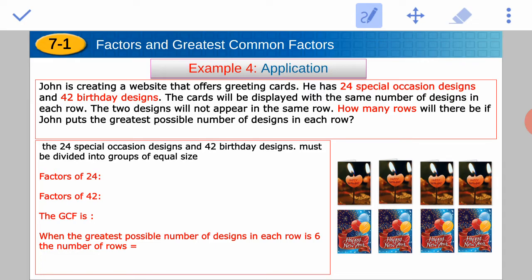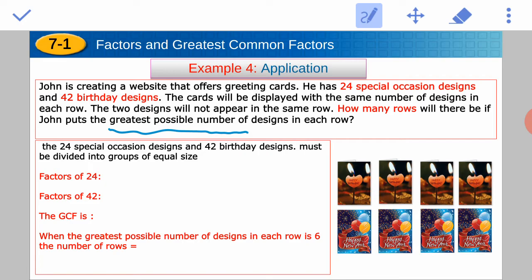This is a condition. The two designs will not appear in the same row. This is another condition. How many rows? This is our job. How many rows will there be if John puts the greatest possible number of designs in each row? This is the key word of this problem, the greatest possible number.